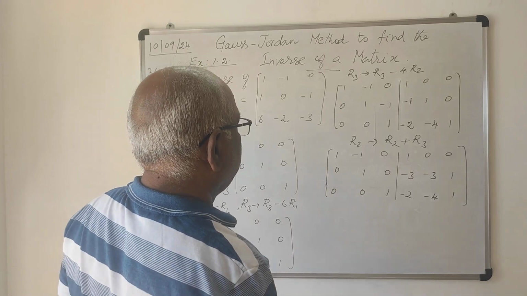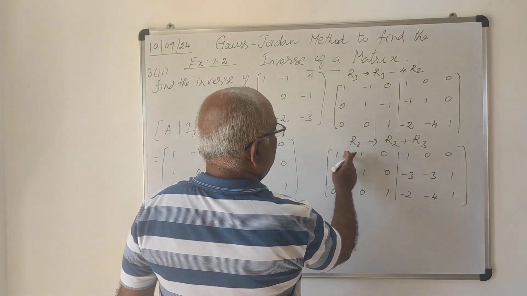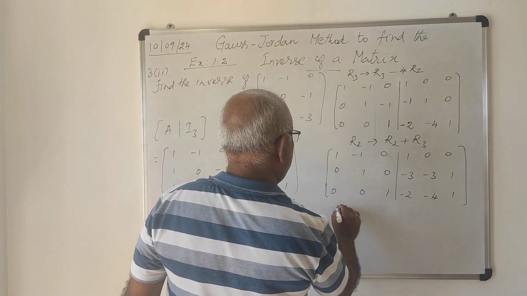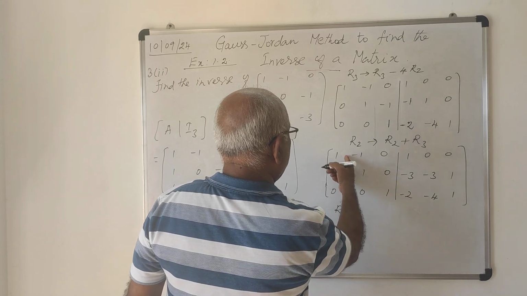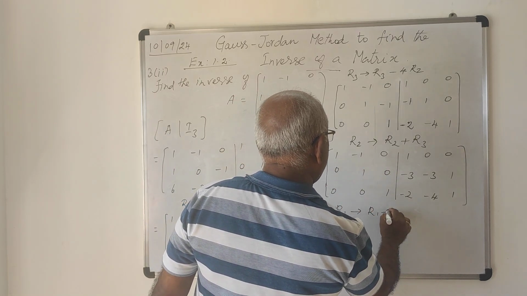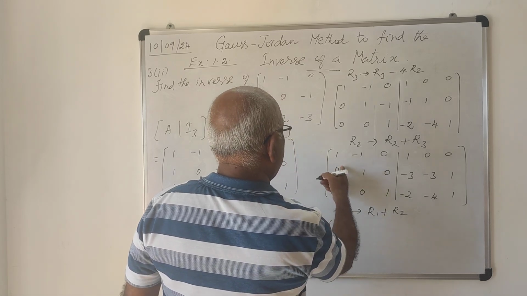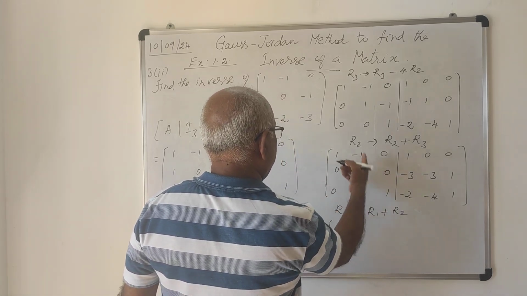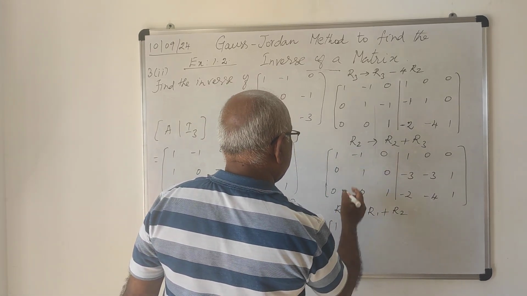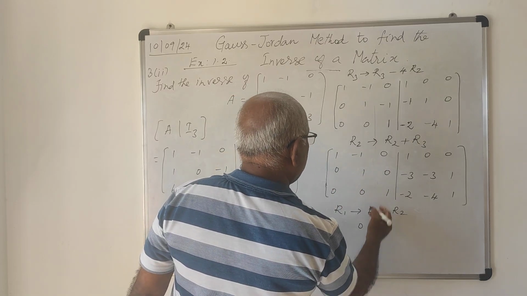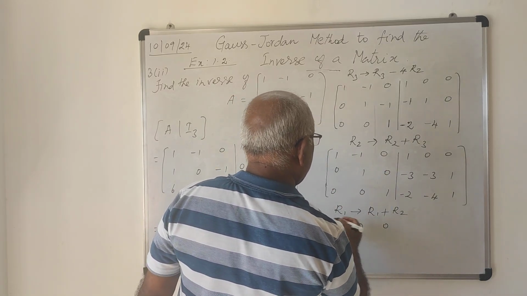Next, finally, we convert this element to 0. For that, R1 is R1 plus R2. You have to add R1 and R2 and write it in R1. 1 plus 0, 1. Minus 1 plus 1, 0. 0 plus 0, 0.